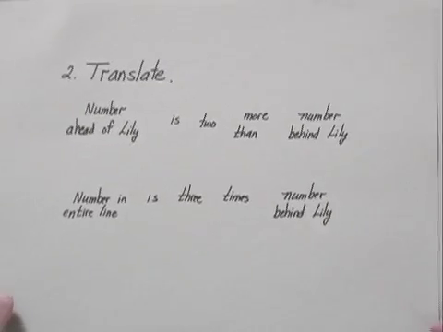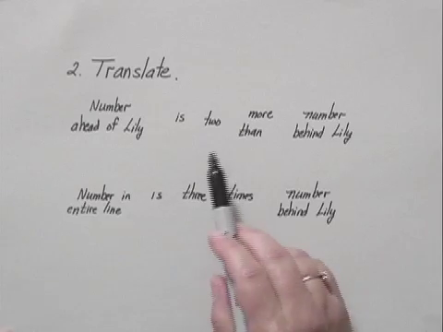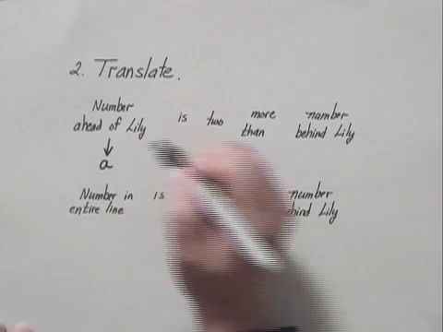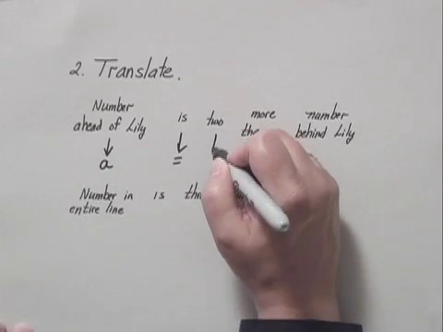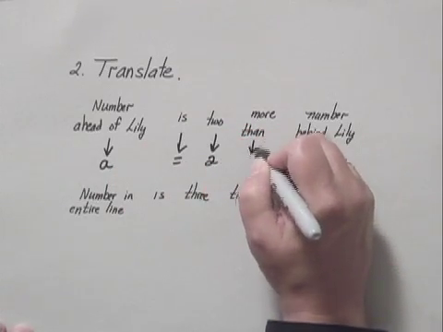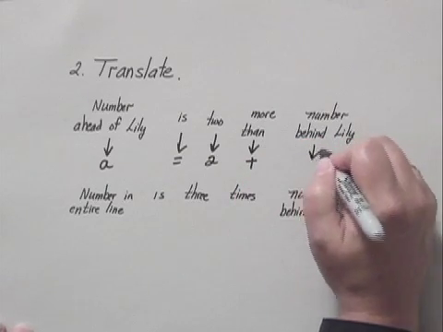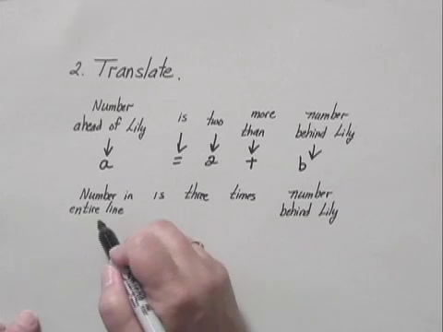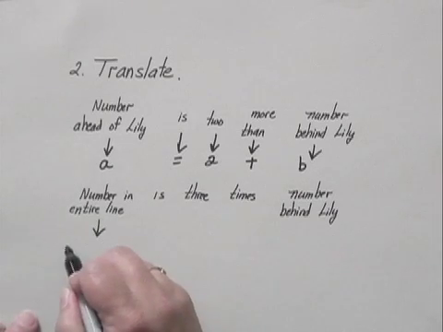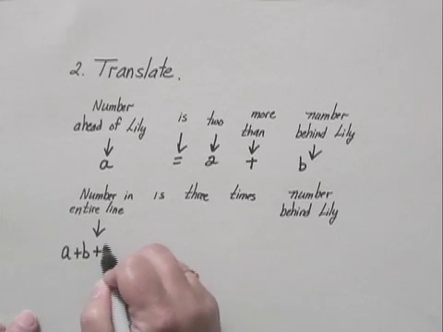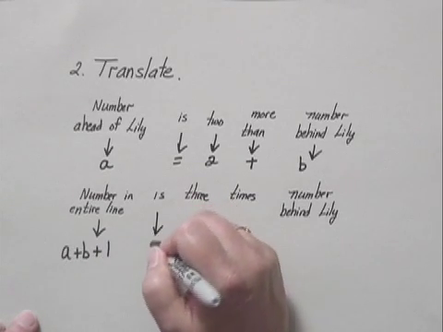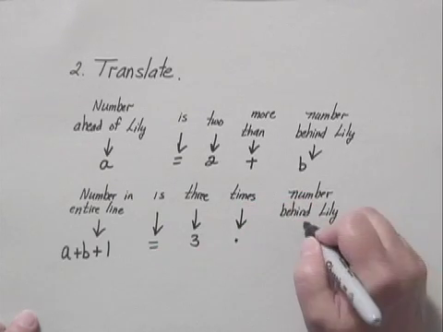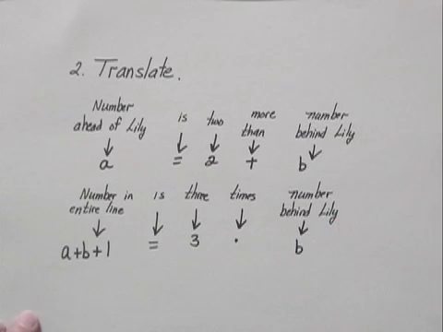We have 2 statements. The number ahead of Lily is 2 more than the number behind Lily. This translates to A equals 2 more than the number behind Lily, or A equals 2 plus B. The number in the entire line we saw was A plus B plus 1, is 3 times the number behind Lily.